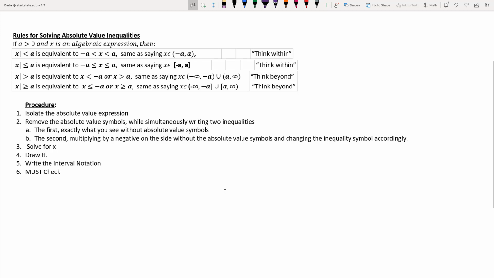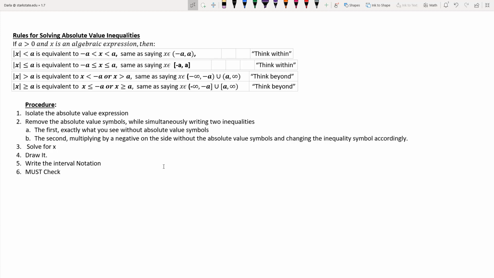Now, as far as the procedure for solving absolute value inequalities, it's very similar to the procedure for solving absolute value equations. You need to isolate the absolute value expression first. So if there's any operations going on outside of the absolute value on the same side of the inequality, you'd have to undo those first. But then once you did, you'd split your inequality into two inequalities.